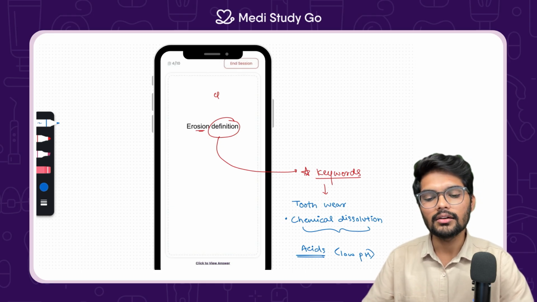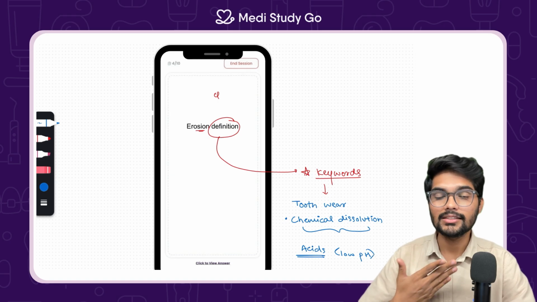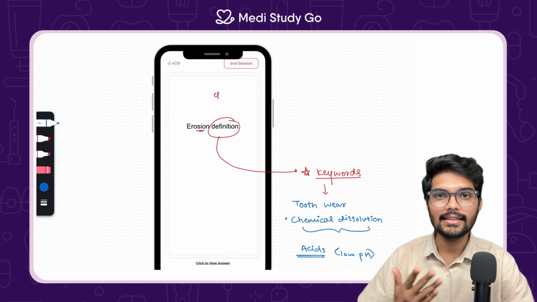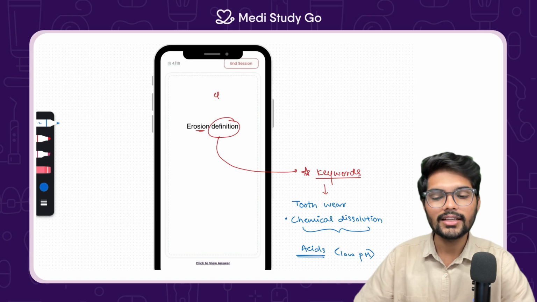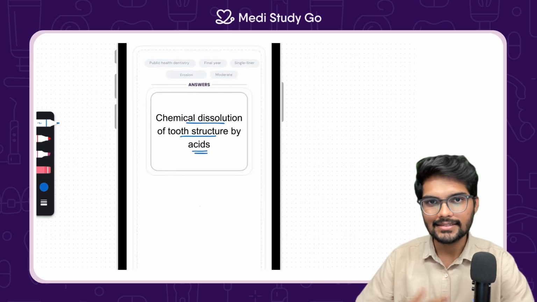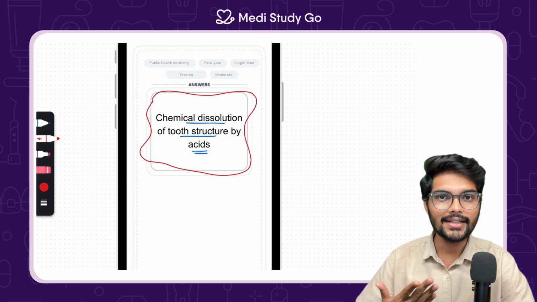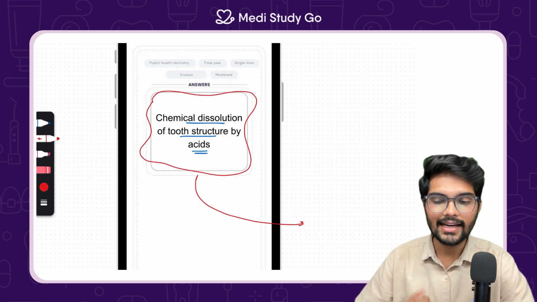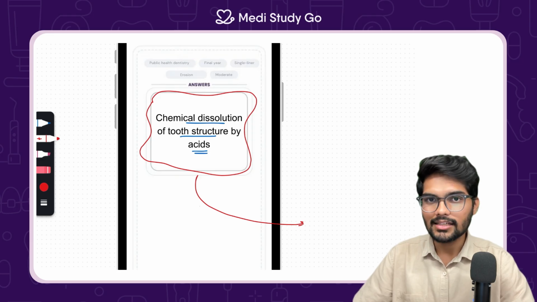Whenever we add a few miscellaneous words like is, at, then, there, we get our answer. So the correct answer here is chemical dissolution of tooth structure by acids. You can obviously elongate this answer. We all are very good at that.